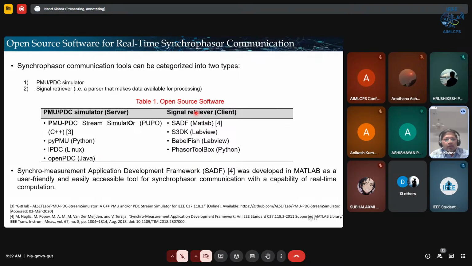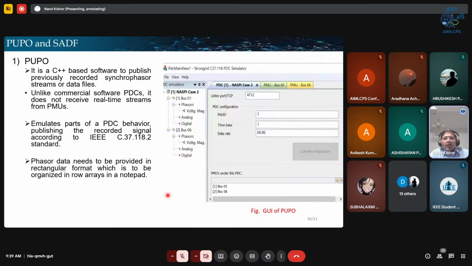This is just a list of the names of some of the open source software for the application. As part of this study, we used Pupo, which is C++ based software.